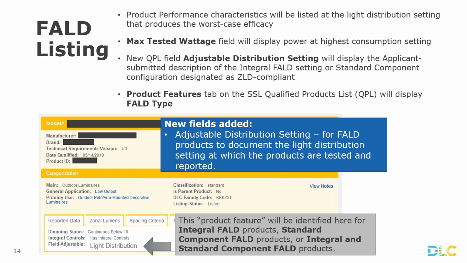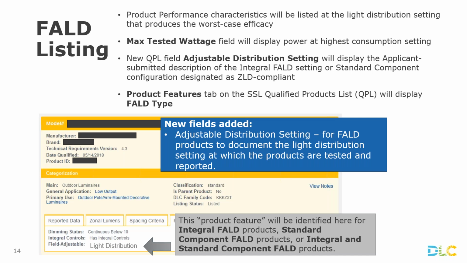The second bullet point here, we're going to use the max tested wattage field that applies to some of our other policies to display the highest power consumption setting at any field adjustable setting. And we understand that many field adjustable distribution settings won't affect power, but we want to know when it does.